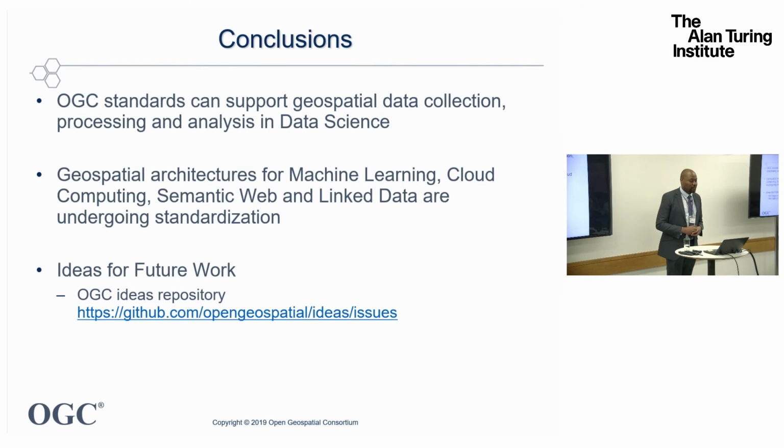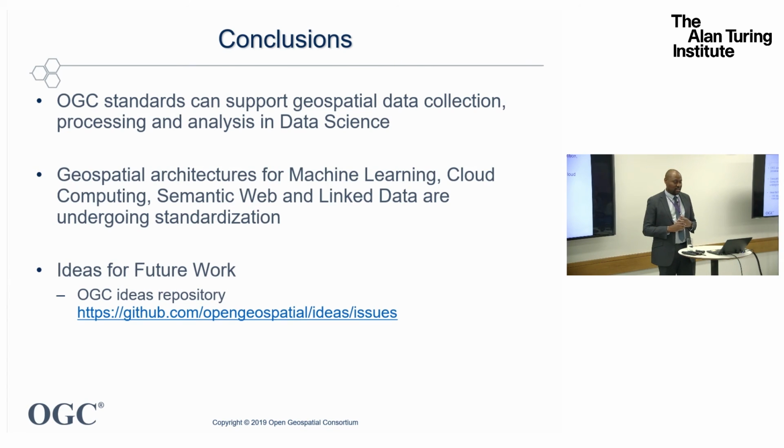So, in conclusion, OGC standards support various aspects of data science, from the collection aspects to the processing aspects to the dissemination and analysis aspects as well. In each one of those stages, OGC standards and other geospatial standards can be applied to bring a degree of value to the work that is involved.